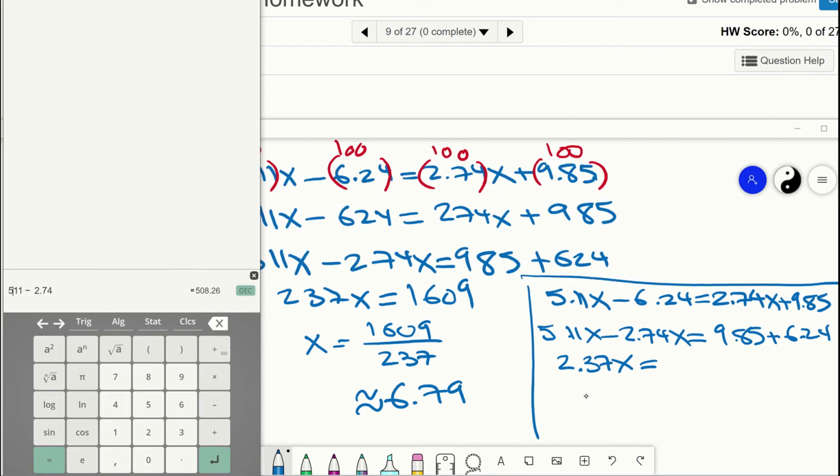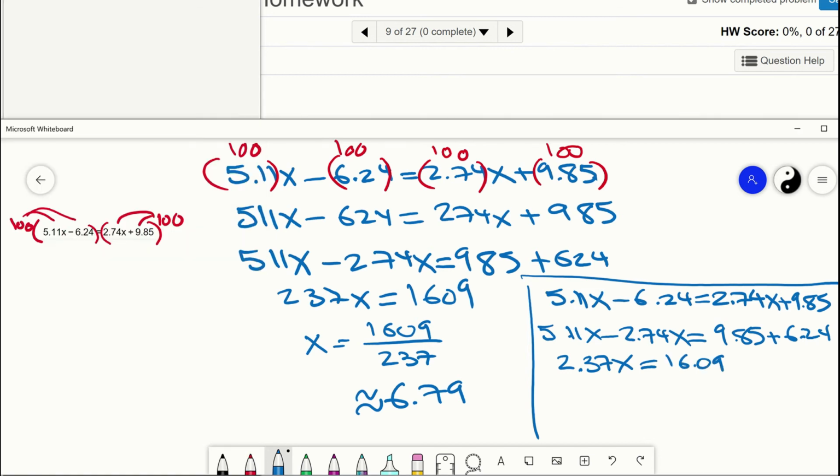Now on the other side, we need to do 9.85 plus 6.24. So that's 16.09. Now we just divide both sides by 2.37. So we get 16.09 divided by 2.37.